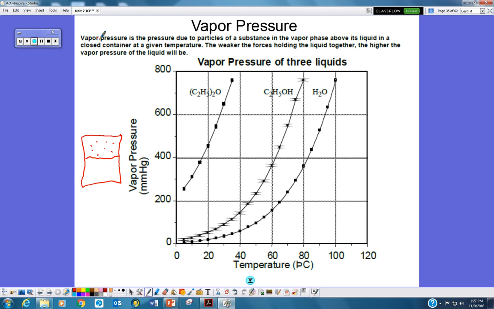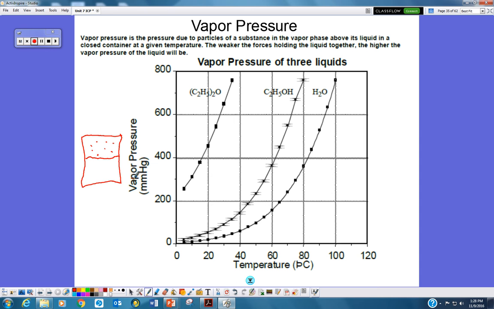So the definition, and you can highlight it or whatever: vapor pressure is the pressure due to particles of a substance in the vapor phase above its liquid phase in a closed container at a given temperature. If this is water, we're going to have a certain amount of water molecules in the gas phase above this.